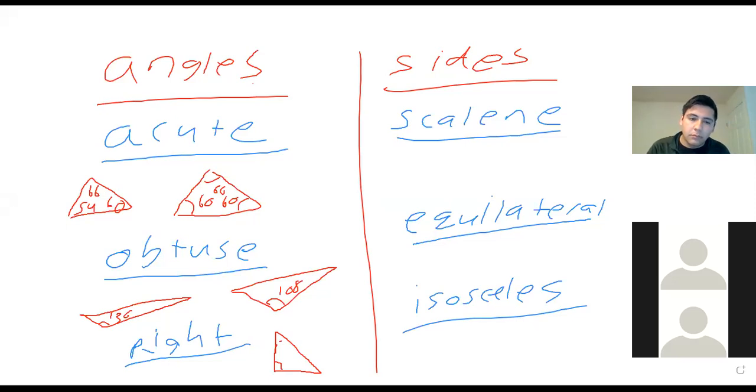If it has a 90-degree angle. It has to have one of those, a little square, which makes it a 90-degree angle. So that's our 3 types of triangles based on their angles.